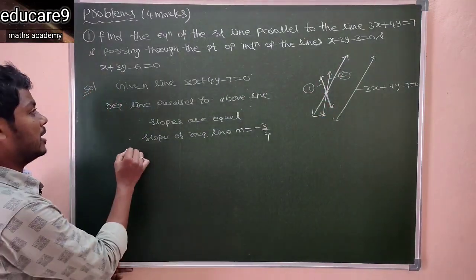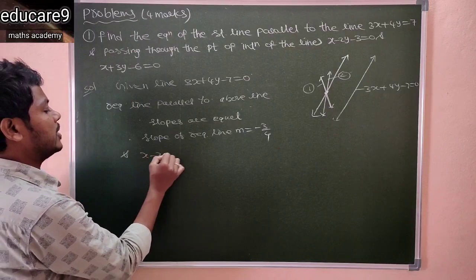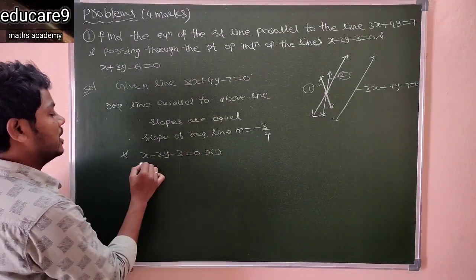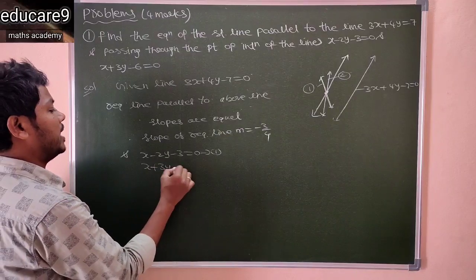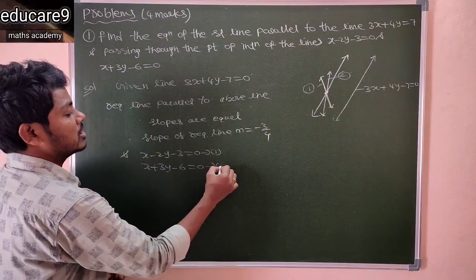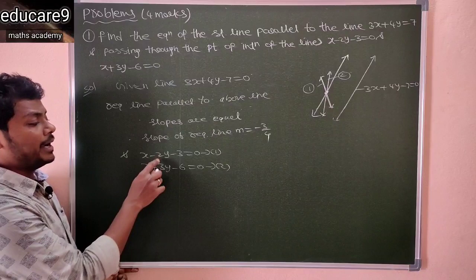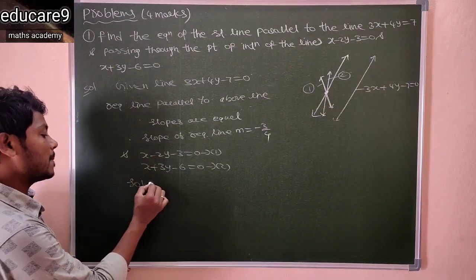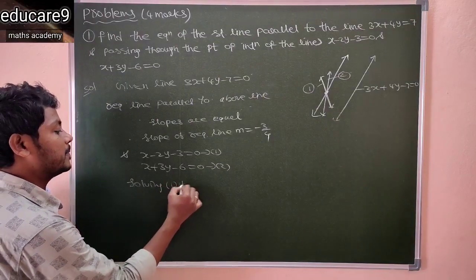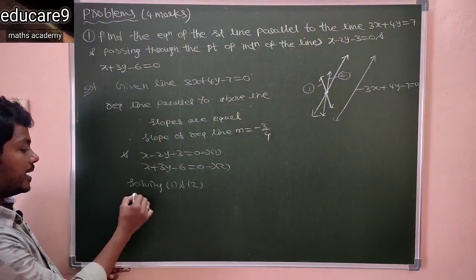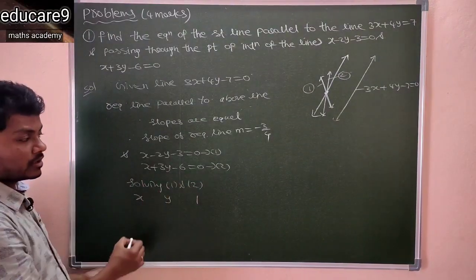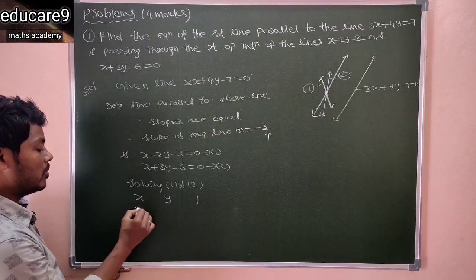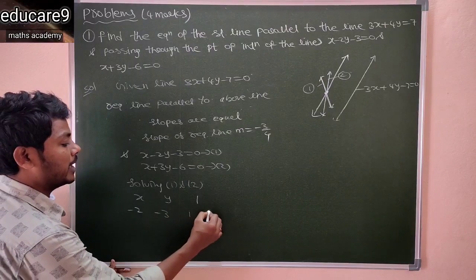The given lines are x minus 2y minus 3 equals 0, this is equation 1, and x plus 3y minus 6 equals 0, this is equation 2. Now find the point of intersection of 1 and 2 by solving them. Write x, y, constant: start from the middle term and write horizontally. Minus 2, minus 3, 1, minus 2.